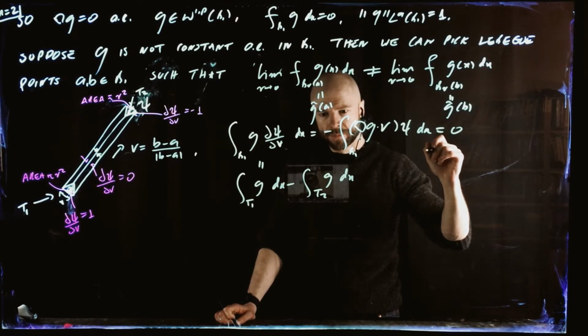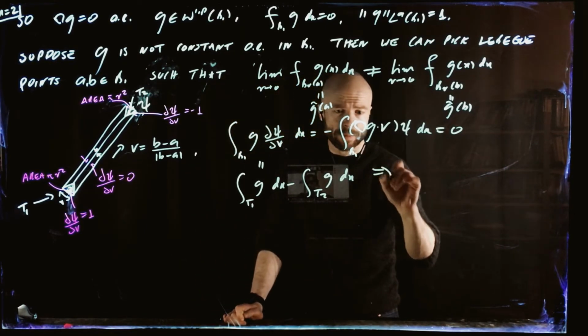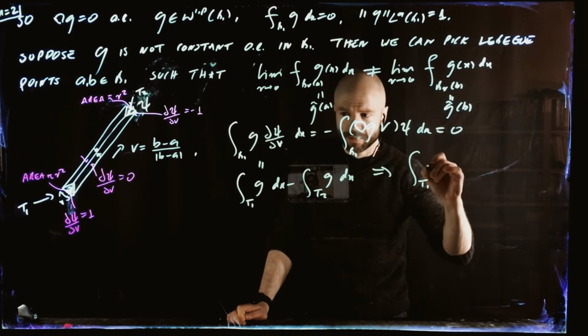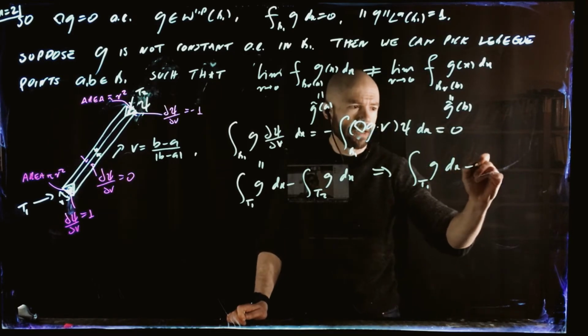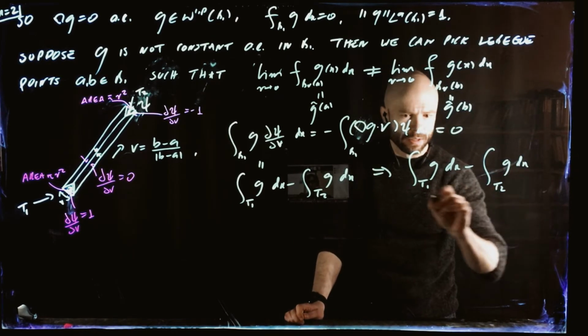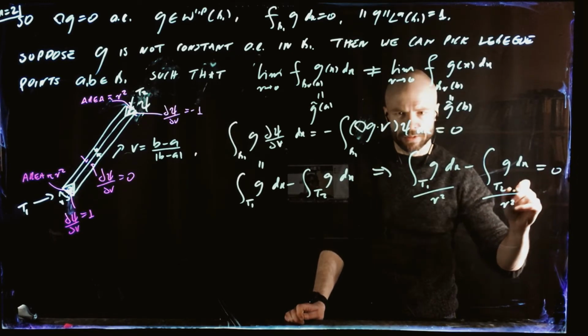Cool. But then we can divide everything by r squared, so this implies that the integral on T1 of g dx minus the integral of g dx on T2, over r squared, is equal to 0.